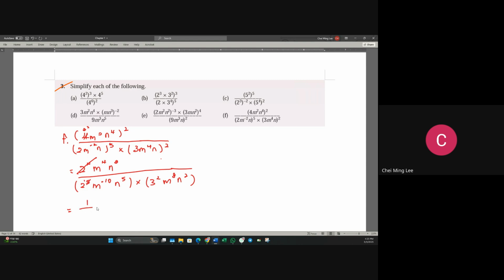So 1 over 2 to the power of 1 times 3 to the power of 2, then m to the power of 4 minus -10 plus 8. See here, -10 plus 8 whole thing, so minus whole thing. And then n to the power of 8 minus, minus bracket 5 plus 2.